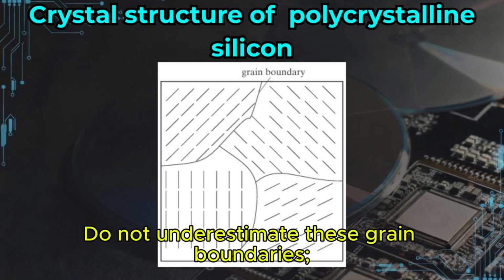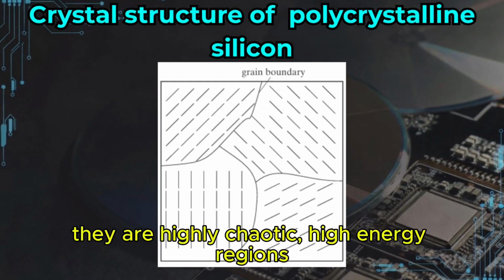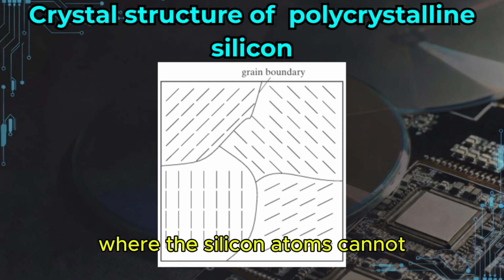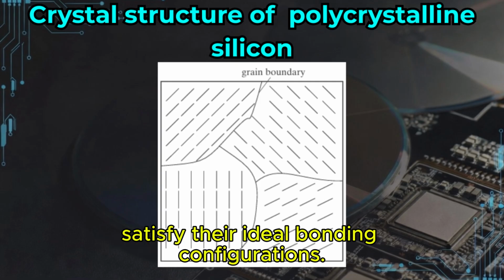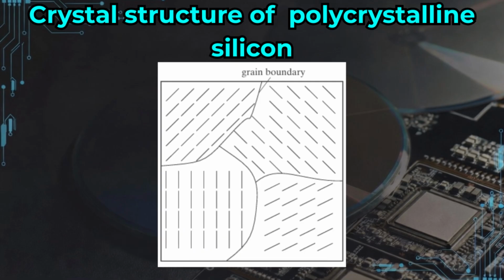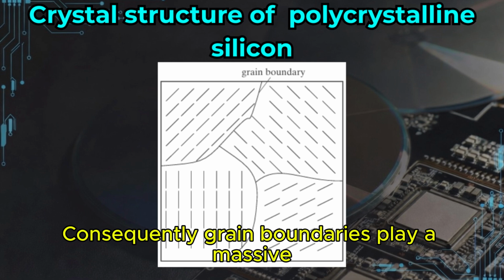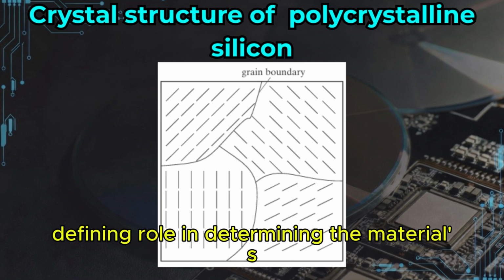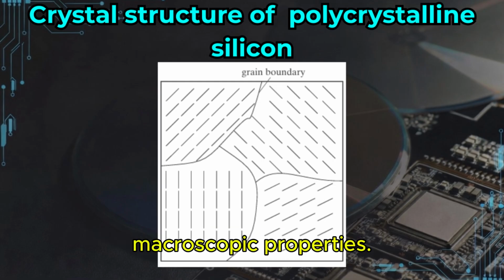Do not underestimate these grain boundaries. They are highly chaotic, high-energy regions where the silicon atoms cannot satisfy their ideal bonding configurations. Consequently, grain boundaries play a massive, defining role in determining the material's macroscopic properties.